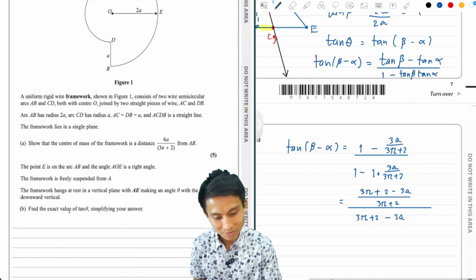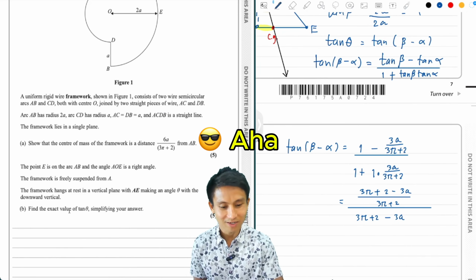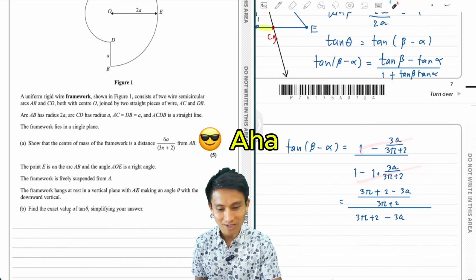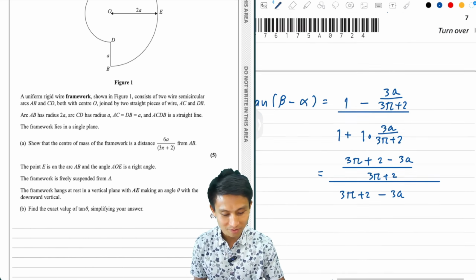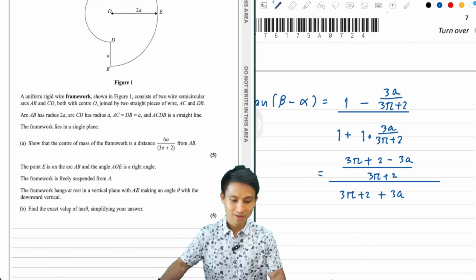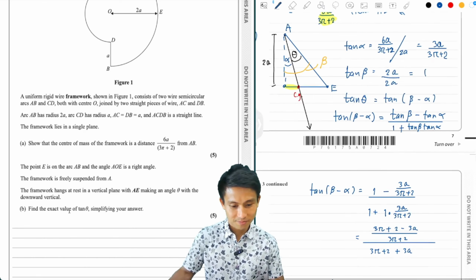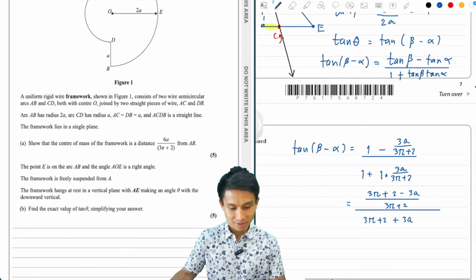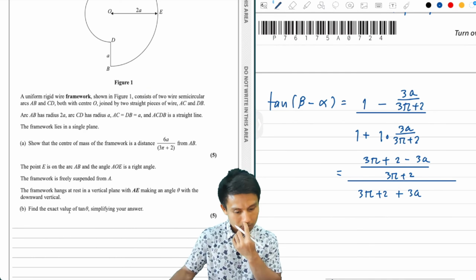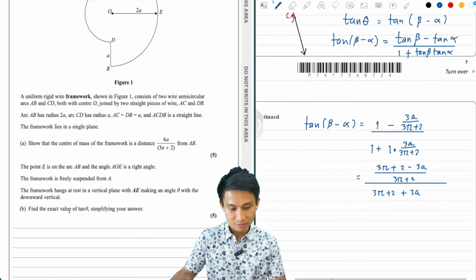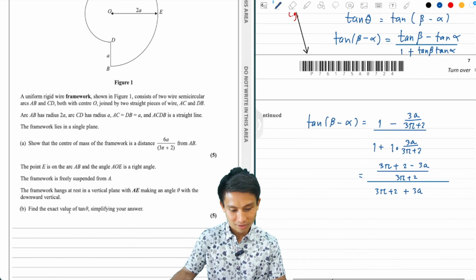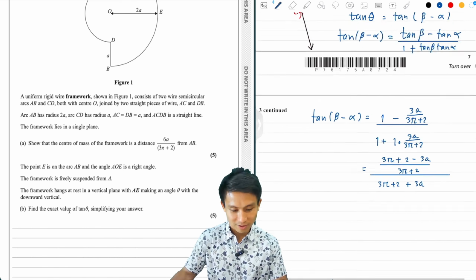Oh, sorry, this must be a positive, because otherwise they will cancel. Yeah, this must be a positive, sorry. Okay, there you go. I think that's fine. It feels a bit weird though, hang on.